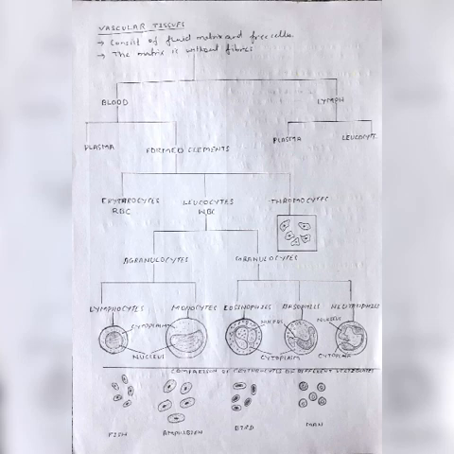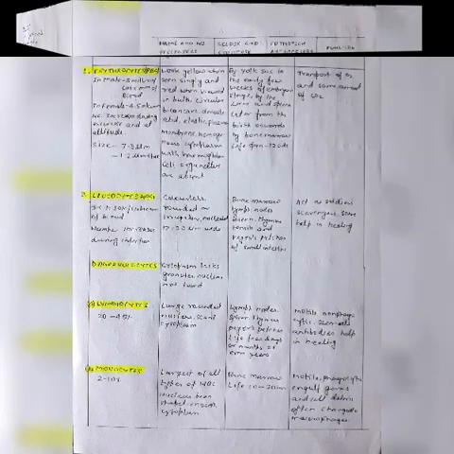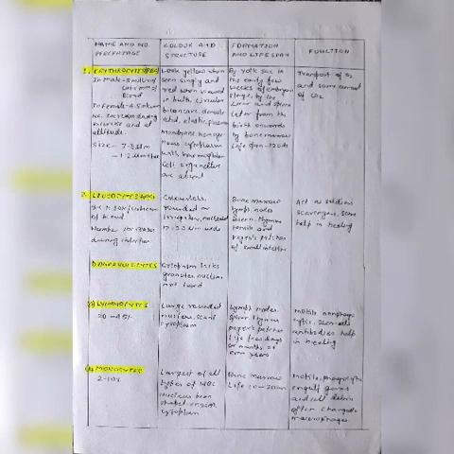Both lymphocytes and monocytes have a nucleus and cytoplasm. Eosinophils, basophils and neutrophils are the kinds of granulocytes. And here are different diagrams comparing erythrocytes of different vertebrates.